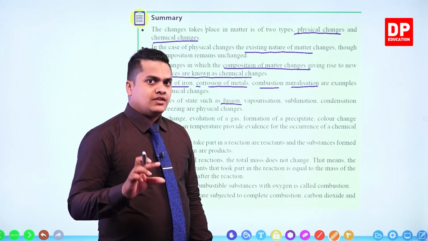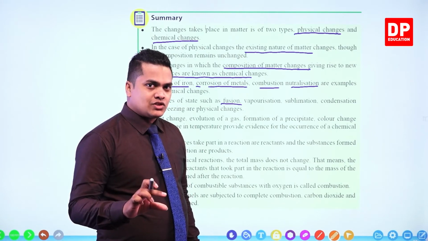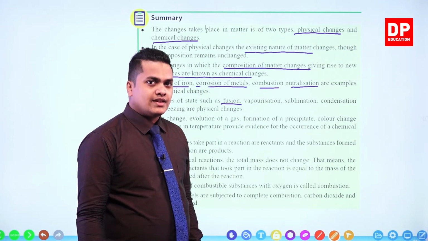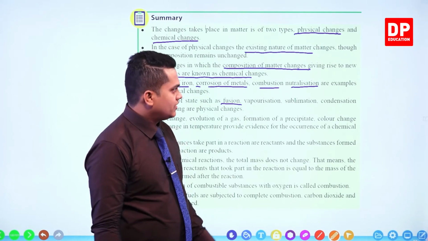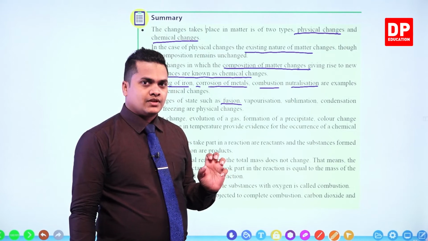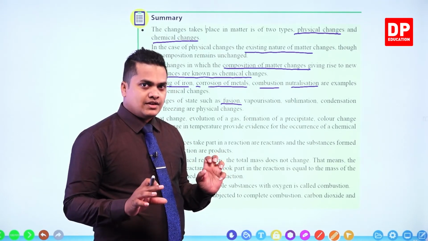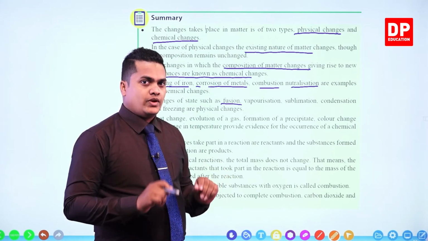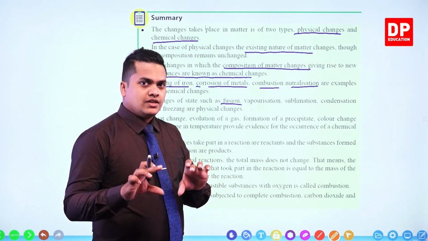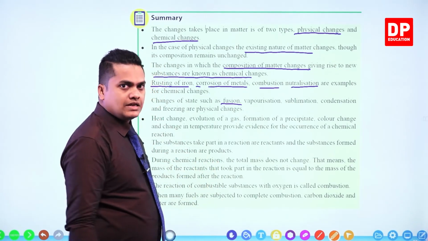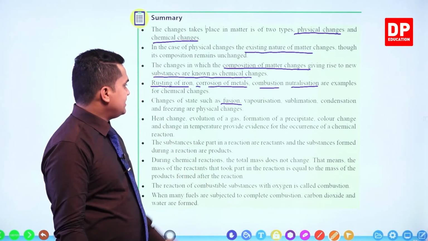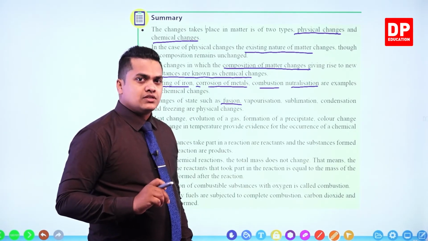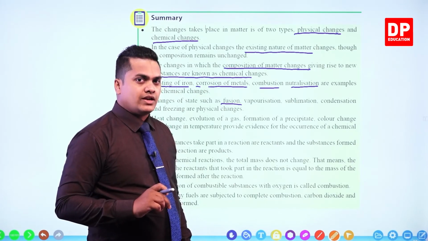Sublimation: turning a solid directly into a gas. Condensation means turning a gas into a liquid. And freezing means turning a liquid into a solid. These are physical changes.